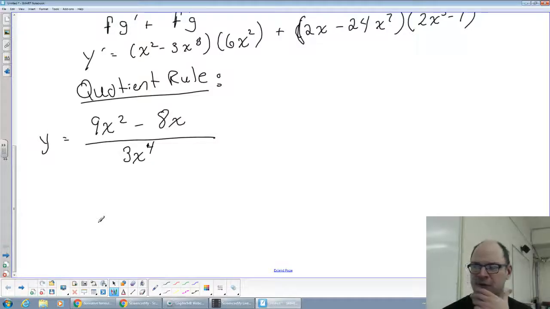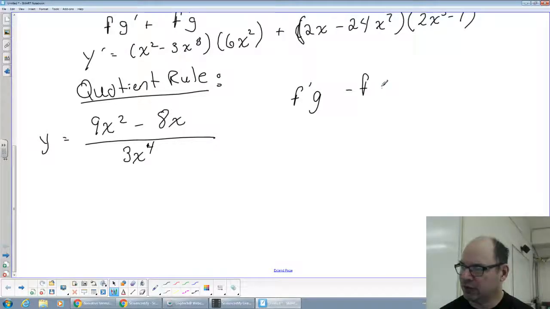If we were following the quotient rule, which is f prime g, I like to leave the x part out, minus f g prime, all over g squared.